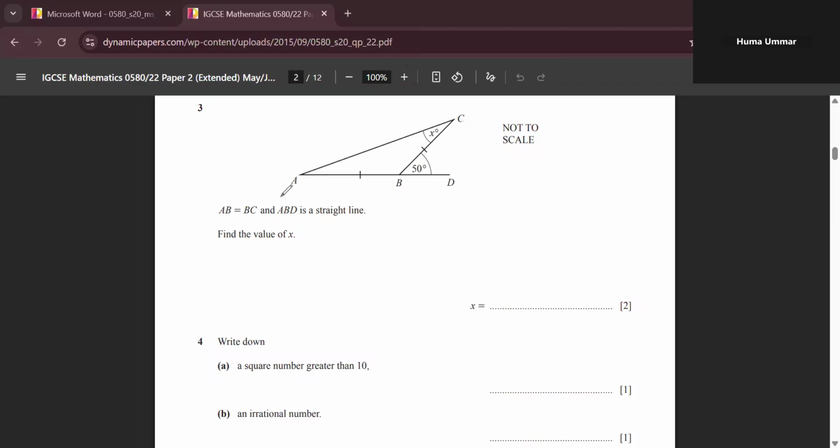Question number three shows one isosceles triangle, where one of the base angles is x, which we have to find. Find the value of x, and it is only 2 marks.